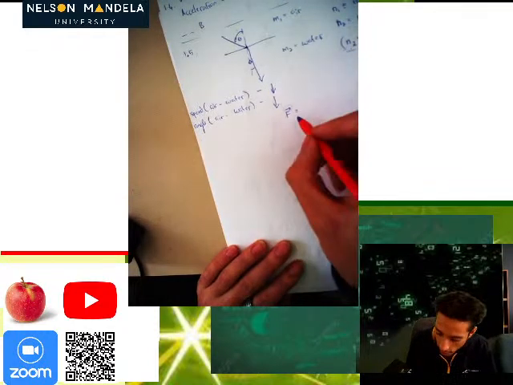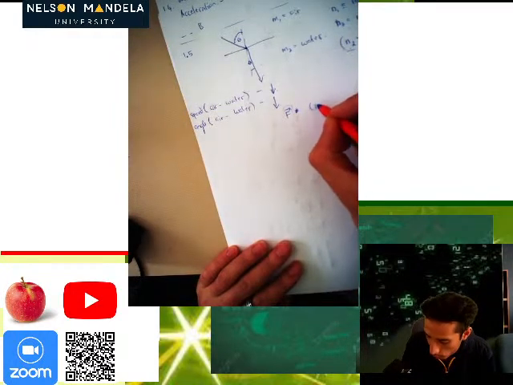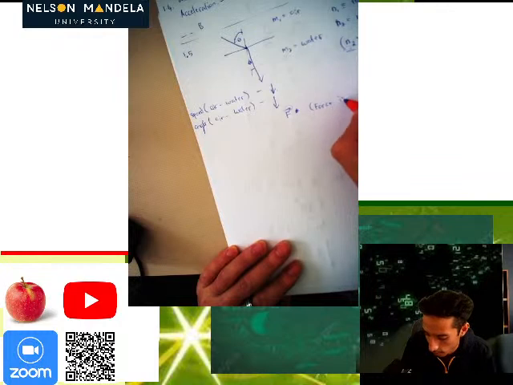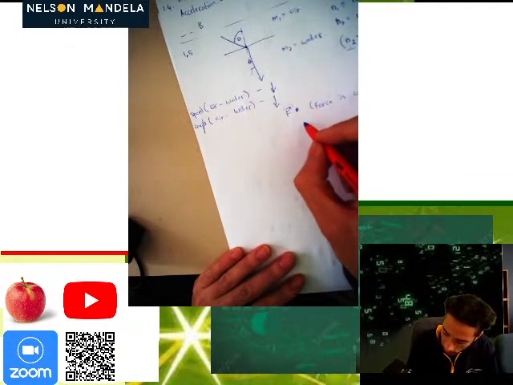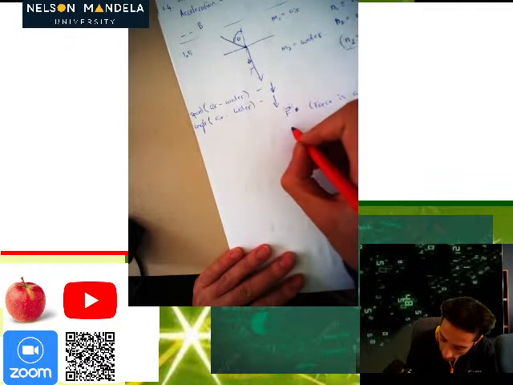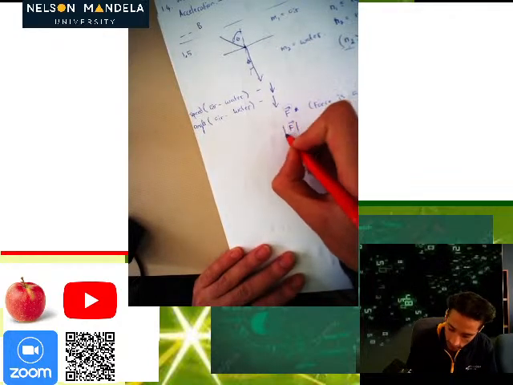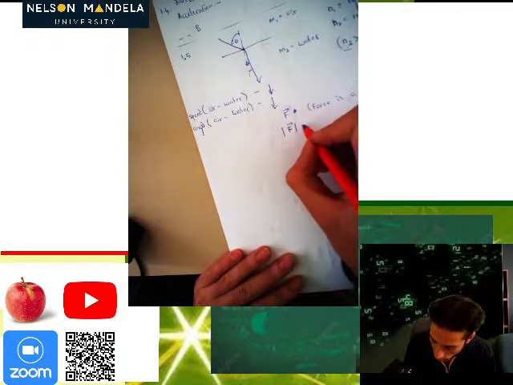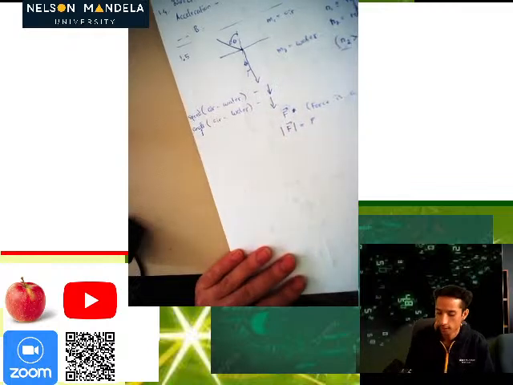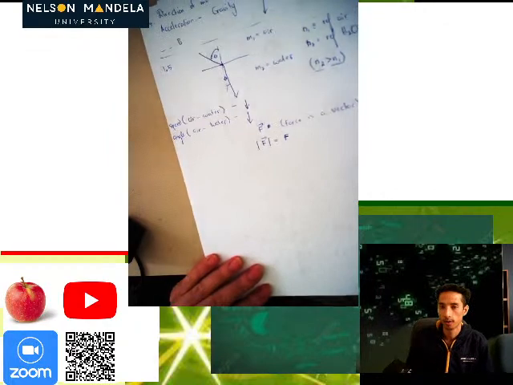Force is a vector, and this is how we represent vectors. We might also have the magnitude of the force, in which case I would use bars, and this is equivalent to just saying F without the bar.